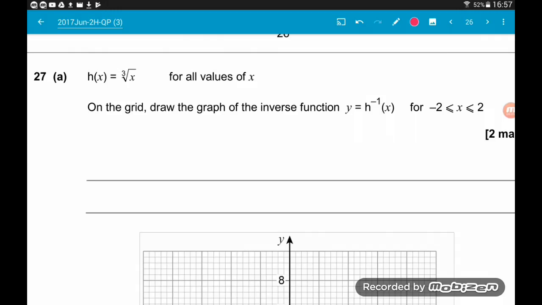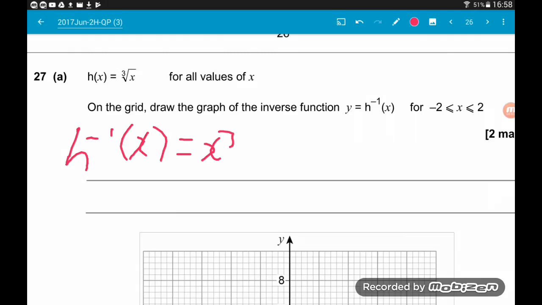So h minus 1 of x means the inverse h function. Here it's quite simple to get the inverse function. What is the exact opposite of cube rooting something? It's to cube something. So h inverse of x is x cubed.